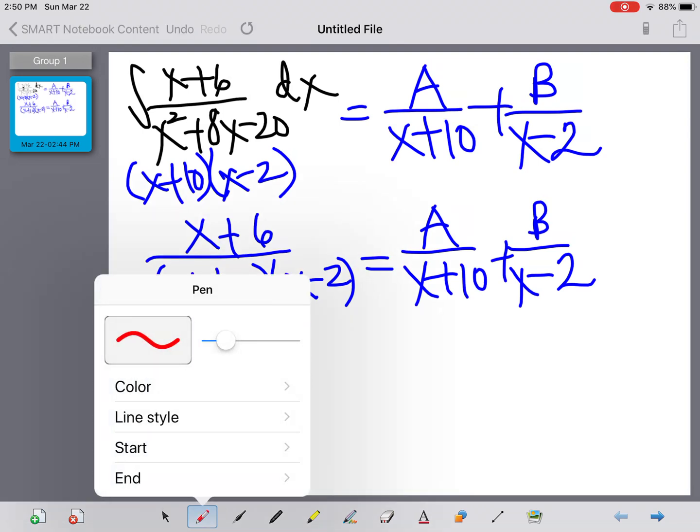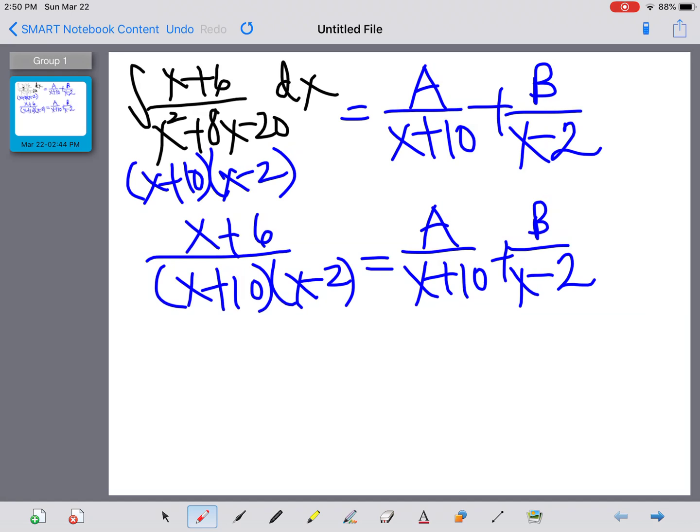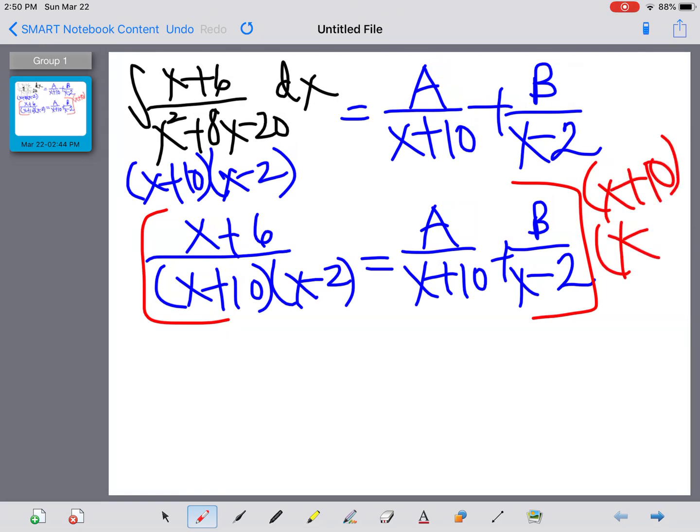Now we need to find A and B respectively. The least common denominator is x plus 10 times x minus 2. So we multiply the entire equation by x plus 10 times x minus 2 and go fraction by fraction to see what cancels out.